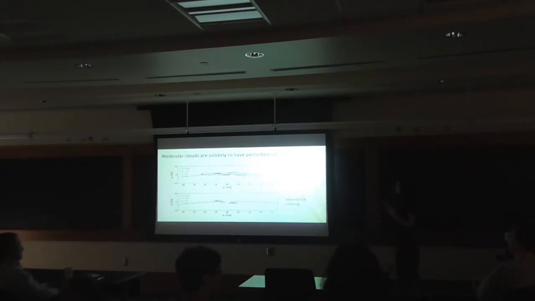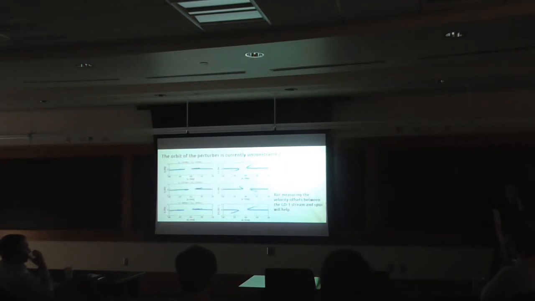So it looks like it would be hard to have created this with a molecular cloud, and we can rule that out. It really does look like some dark object that is massive, and the hope would be to go find it by some other means.